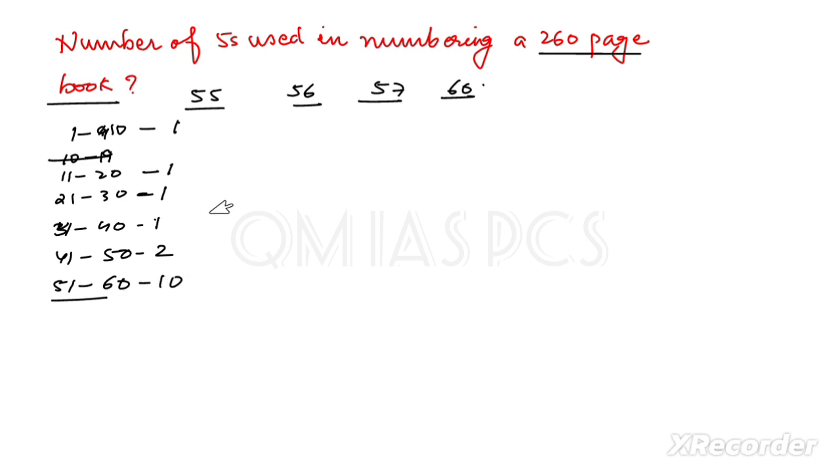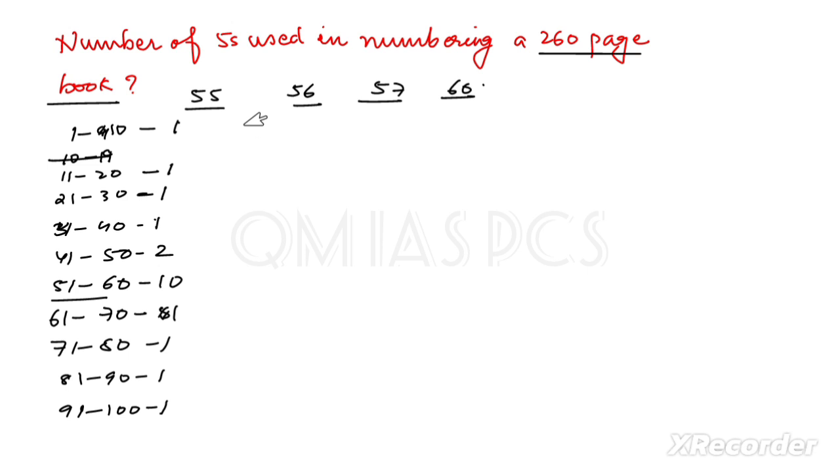Now 61 to 70, how many fives? 1. 71 to 80, again 1; 81 to 90, 1; 91 to 100, 1.